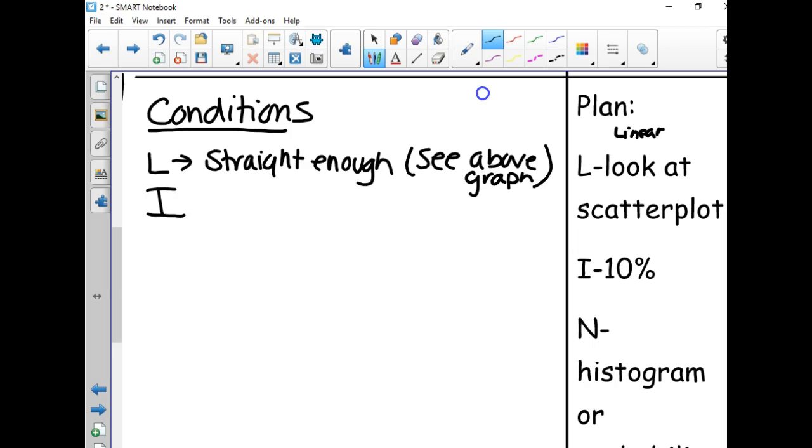I is the same, independence always. 10 what? 10 percent is less than what? What is this problem about? People who are going where? To the buffet. So all people at the buffet.